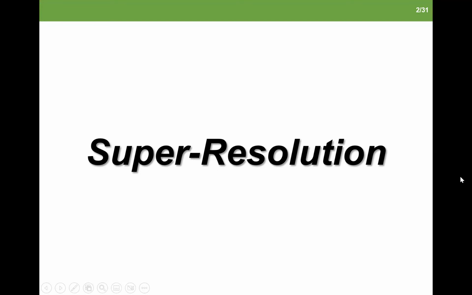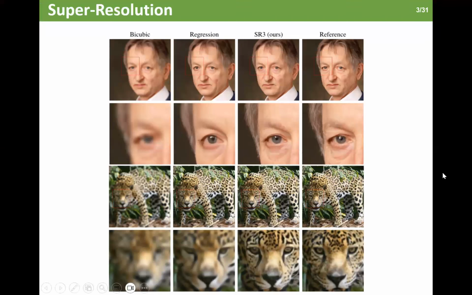So what is super resolution? So normally when we have a small image and we want to blow it up onto a widescreen TV, we use this method called bicubic. Okay, so this is the kind of gold standard, which I'll talk about a little bit later.